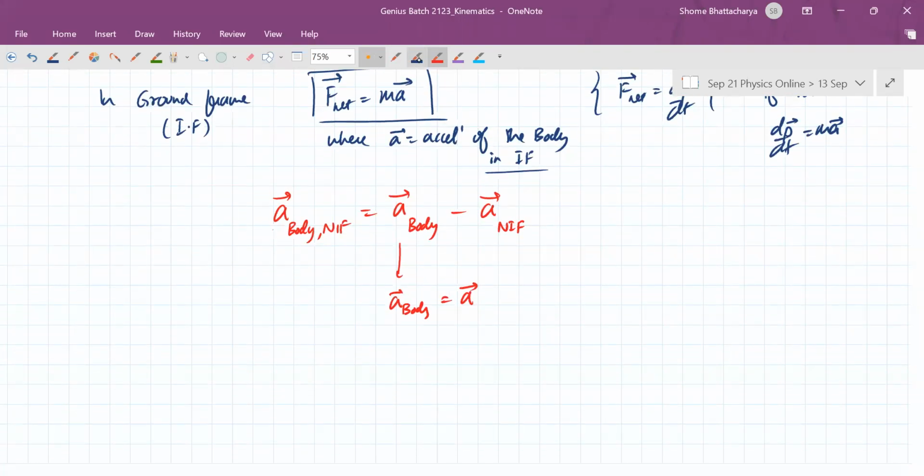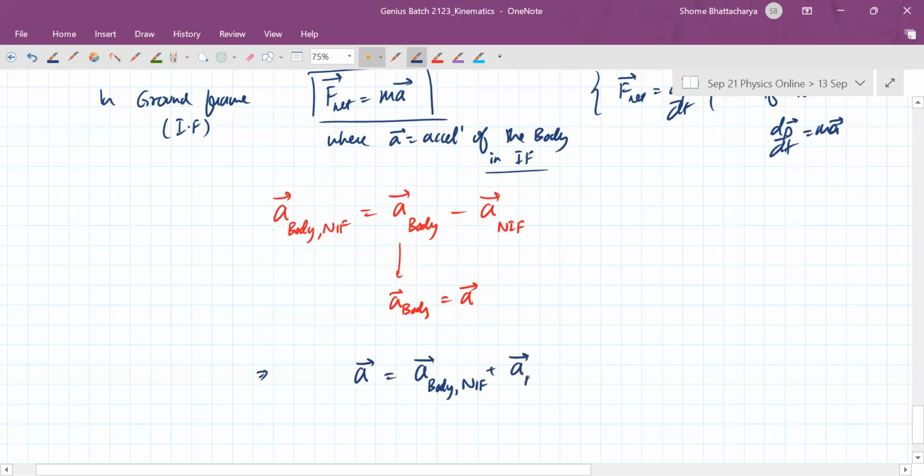So now this equation can be written like this, that A is equal to the acceleration of the body in the non-inertial frame, that is the relative acceleration, plus the acceleration of the non-inertial frame.